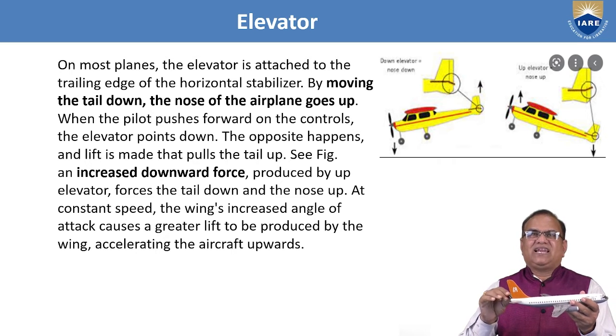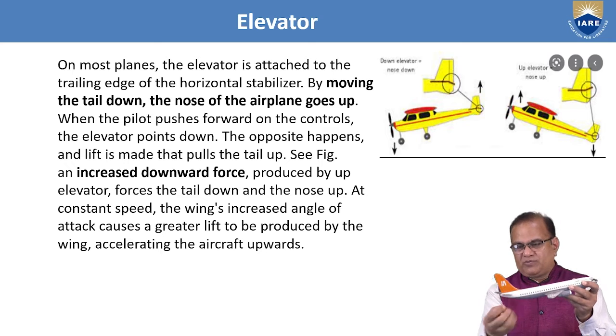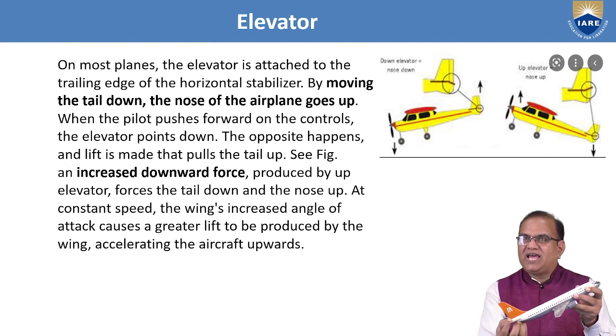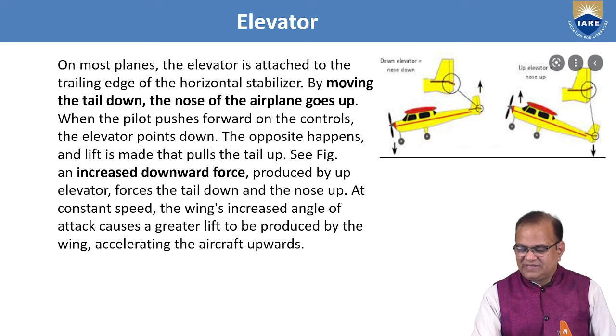By moving the tail down, the nose of the airplane goes up. So if you want nose up, what do you have to do? Then the tail should go down. If the tail is going down, something has to be pulled like this. So your elevator should go up like this, this is the case for nose up.